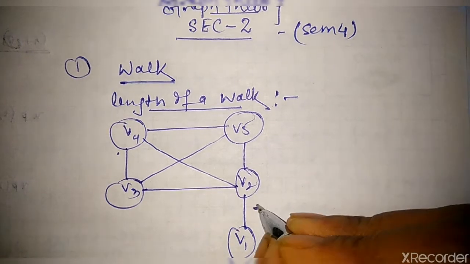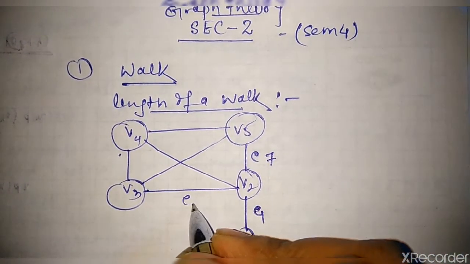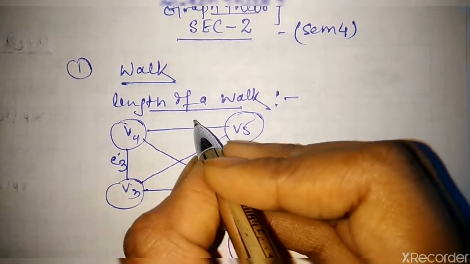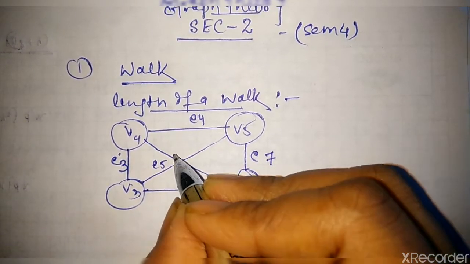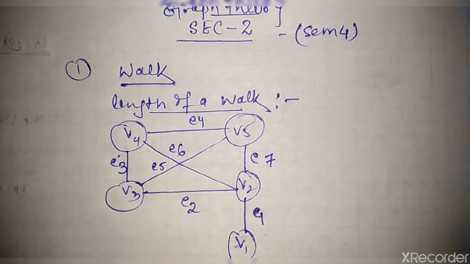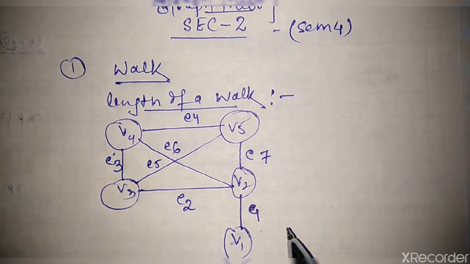So let us give the names E1, E2, then E3, then E4, then this one as E5, and this edge as E6, and then we have E7. Fine. So in this figure, how many vertices?